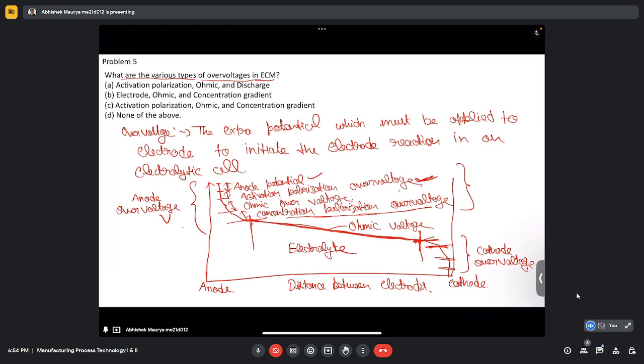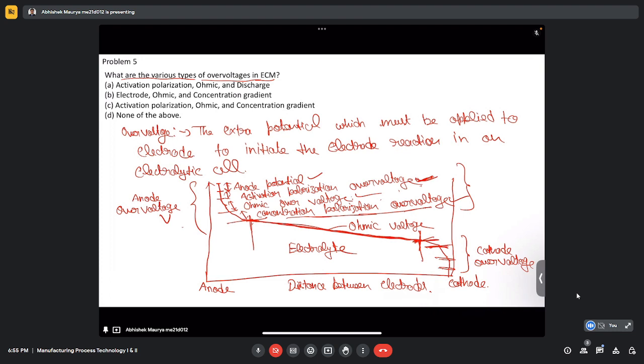The additional voltage which we provide to move the ions where they are concentrated is called concentration polarization over voltage. So these are the types of over voltages which we can see during the electrochemical machining process.